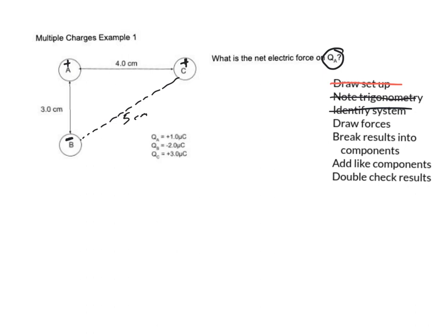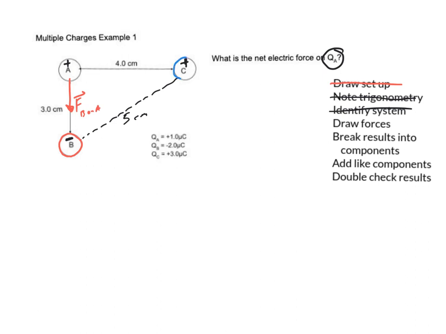Let's do B first. B is negative, so the force of B on A is going to be attractive like that. One great thing about this is it's completely in the negative y direction, which is going to make a later step of trigonometry much easier.